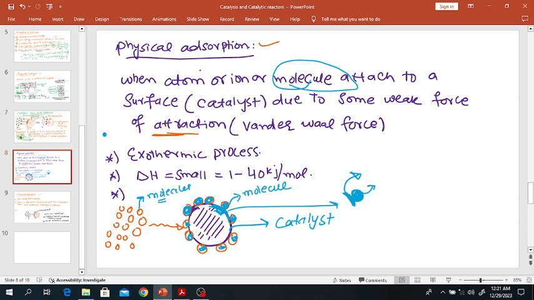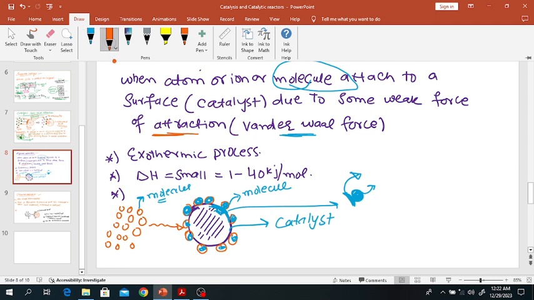So it is a type of adsorption when there is a weak van der Waals force of attraction, like dipole to dipole force. When there is a weak van der Waals force of attraction between the solid surface and the molecule, then such type of adsorption is called physical adsorption.